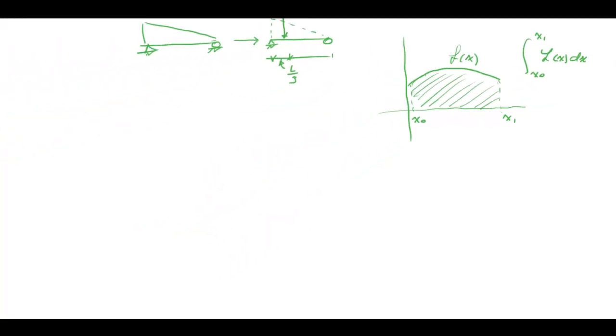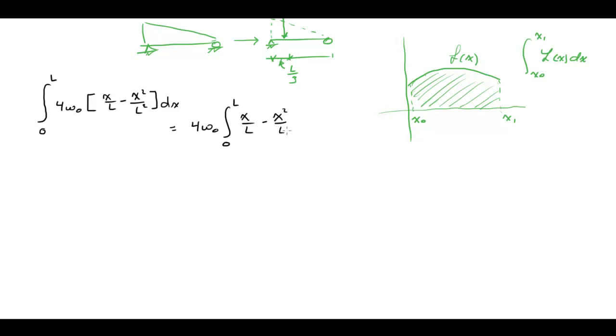So let's go ahead. If I do the integration from 0 to L, that's over the length of the beam, of 4 w naught times x over L minus x squared over L squared dx, I can pull the 4 w naught out of the integral, and now I have x over L minus x squared over L squared dx.